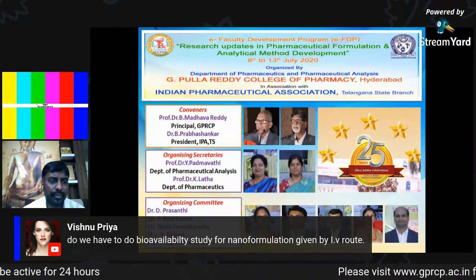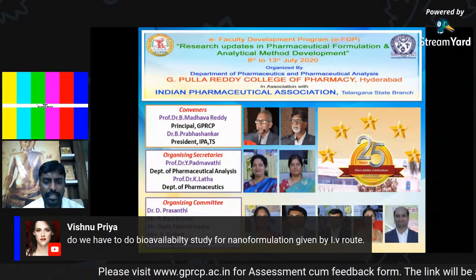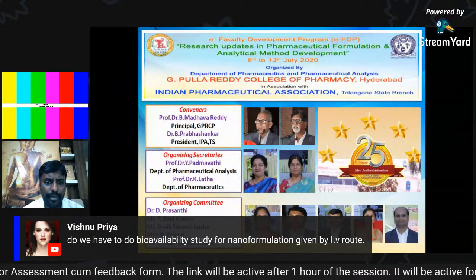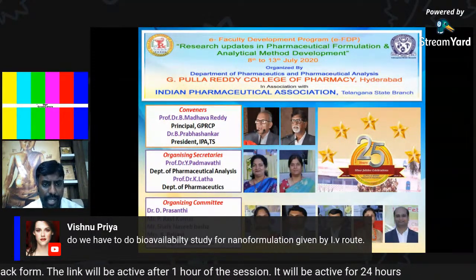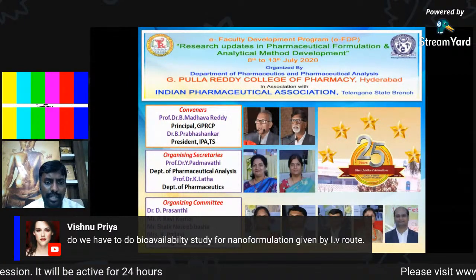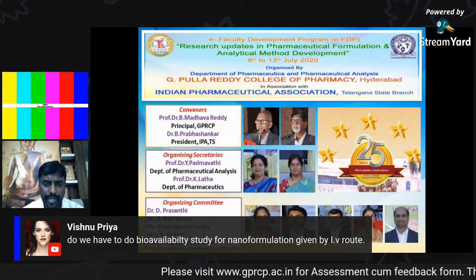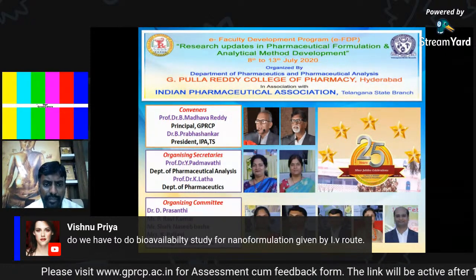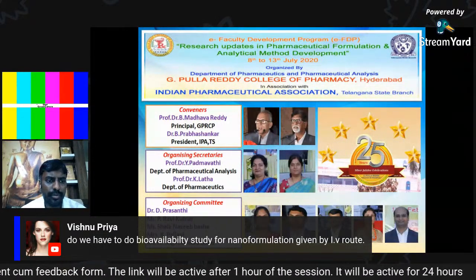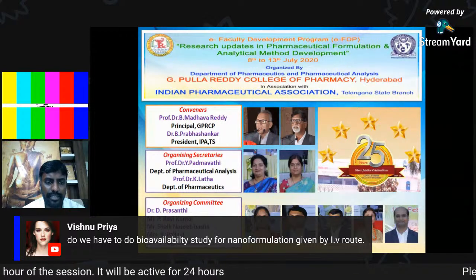If we match Q1 and Q2, where Q1 is qualitative composition and Q2 is quantitative composition, and they are the same, then there is no need for bioavailability or bioequivalence studies. The bioavailability definition indicates the rate and extent of the drug that reaches systemic circulation. In the IV route there is no absorption step. Whatever drug we inject in the formulation comes directly into the systemic circulation. So there is no bioavailability or bioequivalence requirement for IV formulations.